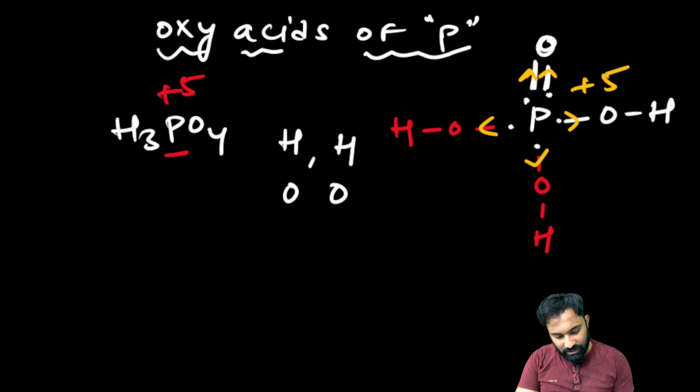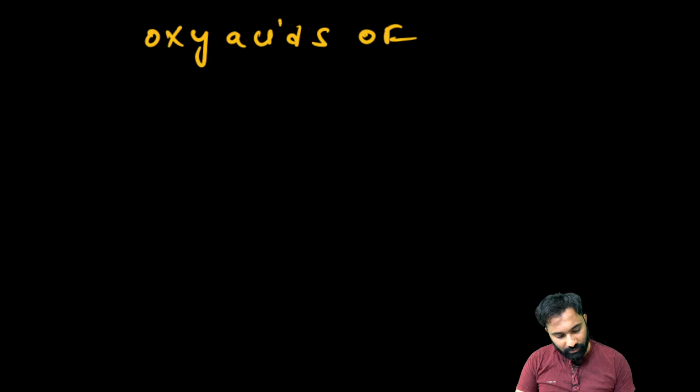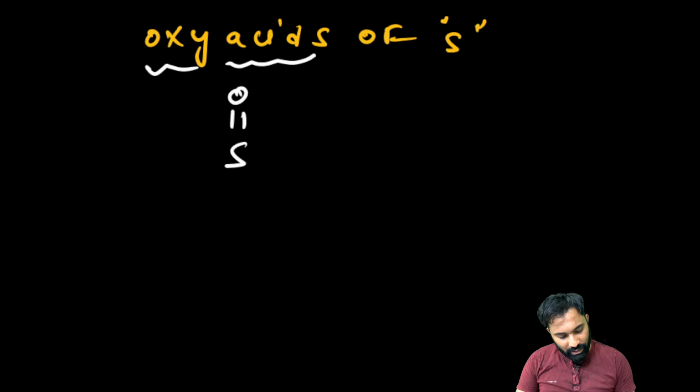Now in the sulfur oxy acids, if you want to draw oxy acids of sulfur, what is mandatory to show the oxy acid? For any such compound, sulfur should have one double bond O and one OH.